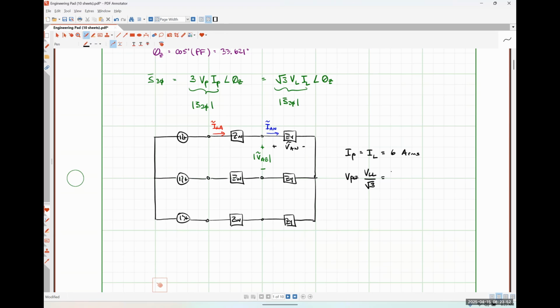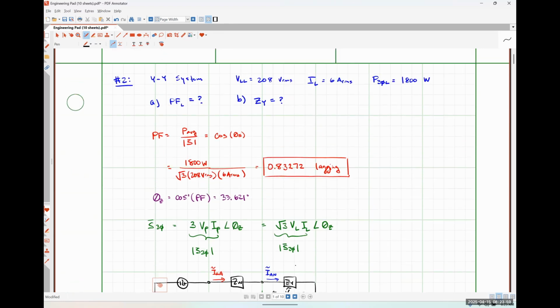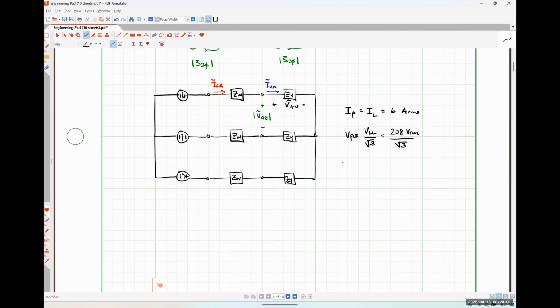So this is 208 volts RMS over root 3. Let me scroll up and make sure that that is indeed 208. Yep. So 208 divided by the square root of 3 gives me 120.089 volts.